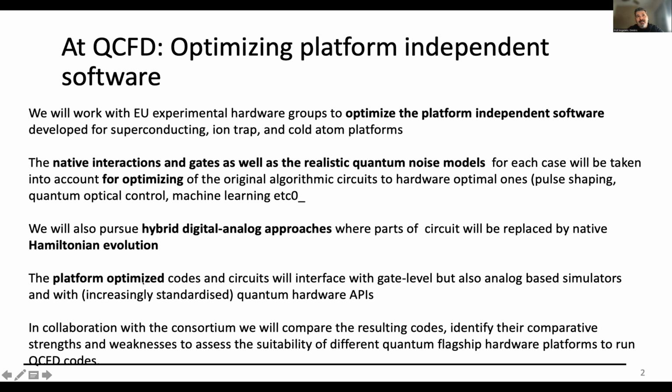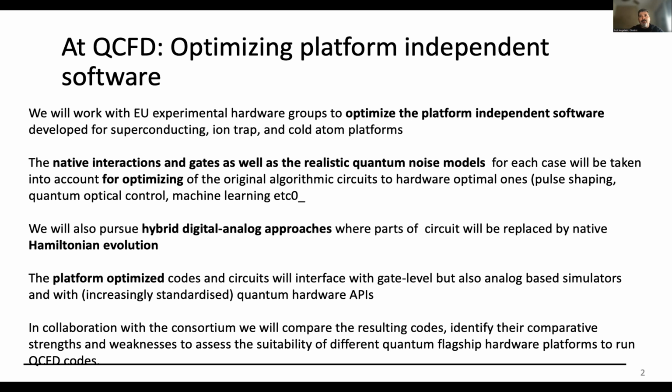These are extracts from the project, a little bit refined as we have them at tasks in different work packages. Basically, we work with experimental hardware groups in Europe to optimize the code that comes out from the original QCFD papers of Dieter and everybody else.